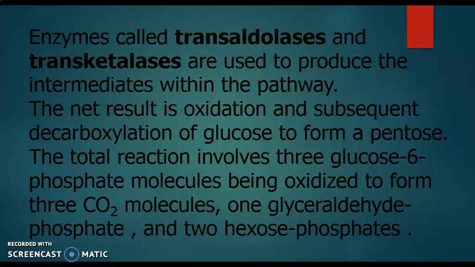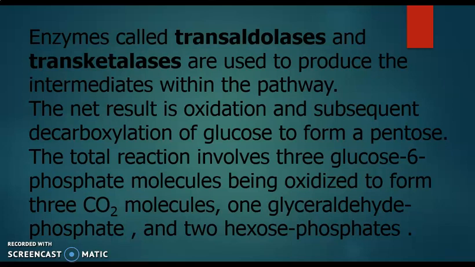What will be the net result? The net result will be oxidation and subsequent decarboxylation, that means removal of the carboxyl group of the glucose. So what happens if from a 6-carbon molecule, 1 carbon is removed through decarboxylation? It may form a pentose, that means a 5-carbon sugar.